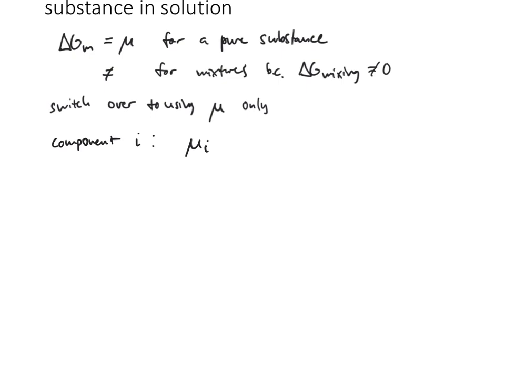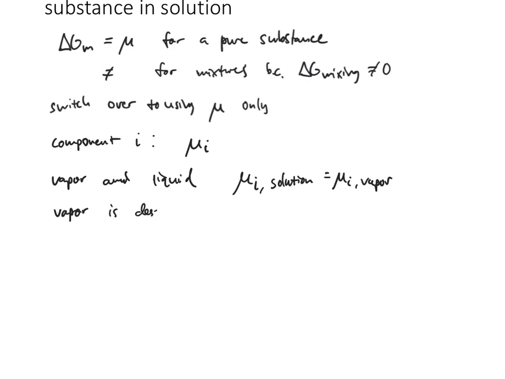Okay, so since the vapor and liquid of component I are coexisting, we can say that the chemical potential of component I within the solution is going to be equal to the chemical potential of component I within the vapor. And we're assuming that the vapor is described by an ideal gas. And that's a fairly valid assumption for just about everything that we'll need to consider in this course.